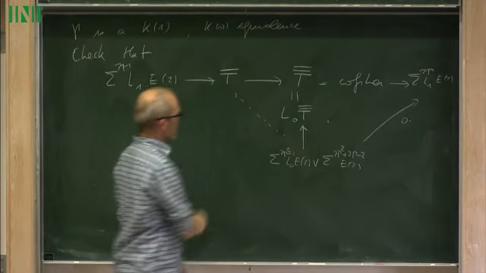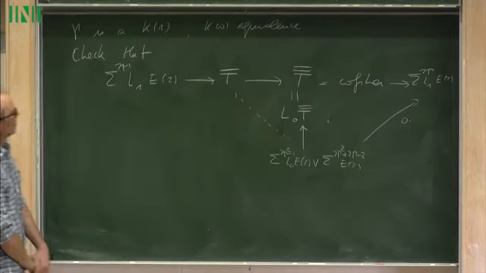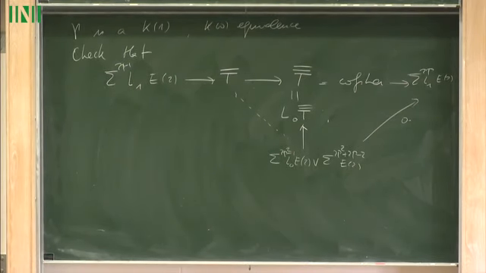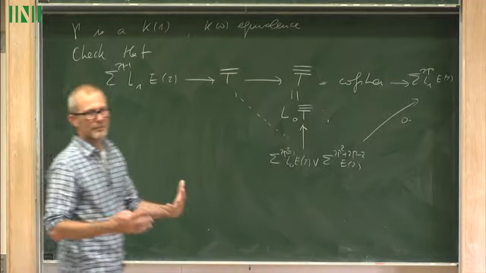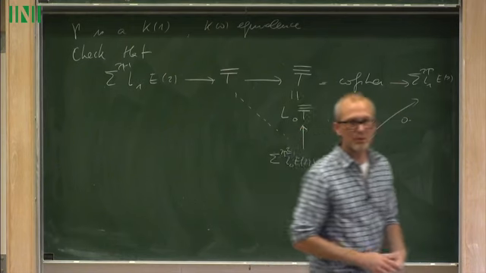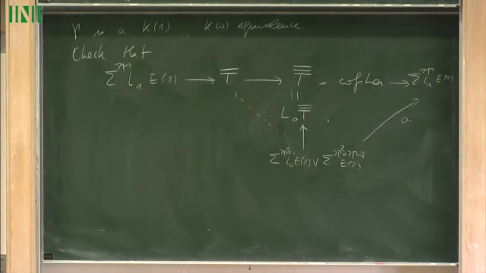So that actually you can lift this map to T bar, but we don't know how to lift this to THH. We just can lift it to the cofiber if we don't have a splitting.